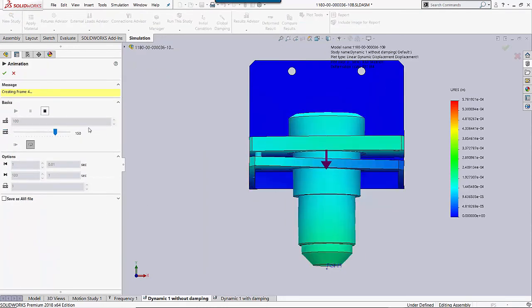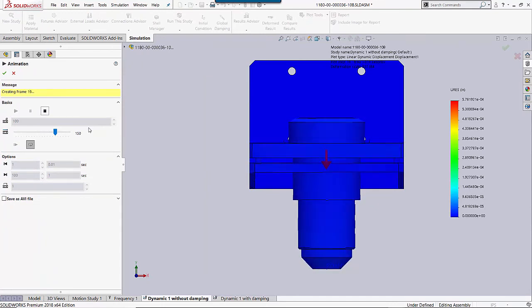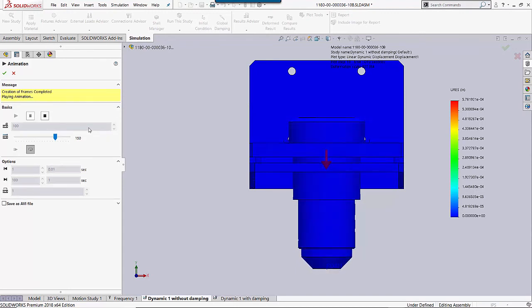And if I animate this object, you can actually see it happening. So there's the shock load, and then it just keeps on vibrating and vibrating and vibrating because there's nothing in the system to dampen the energy and take it away from the object itself.